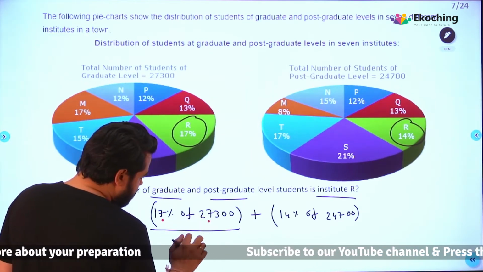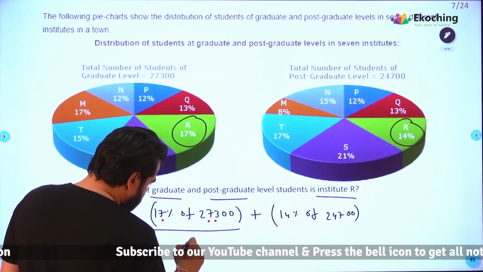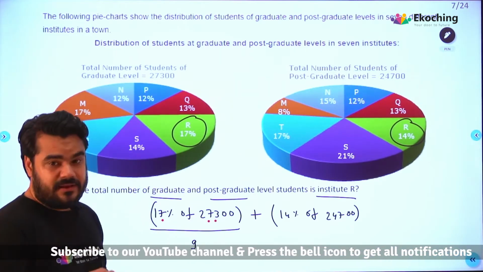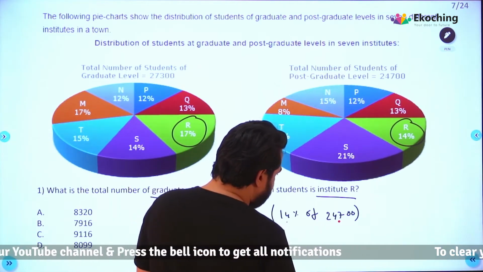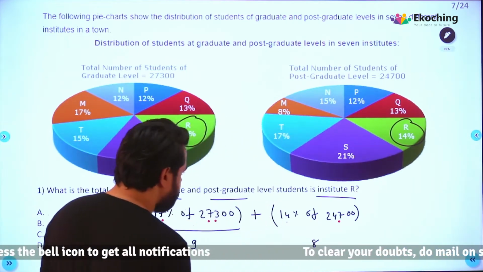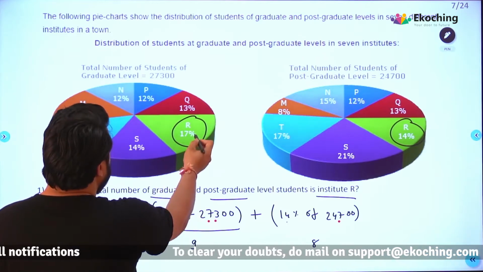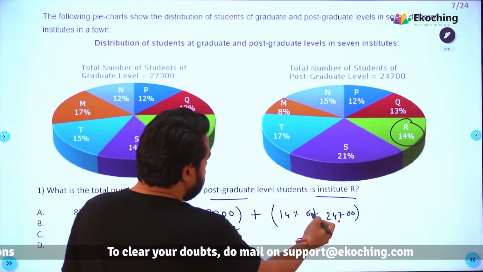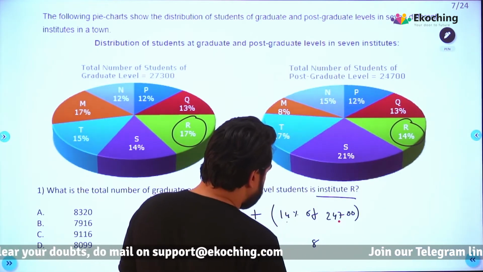7 into 7, that is 9. Sorry, 7 into 3, that is 9. It will end in 9. 4 into 7, that will end in 8. Correct? 27300, and I'm supposed to find 17%, and here 14% of 24700.